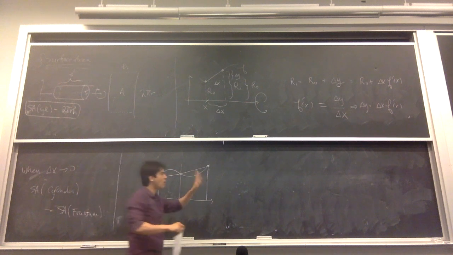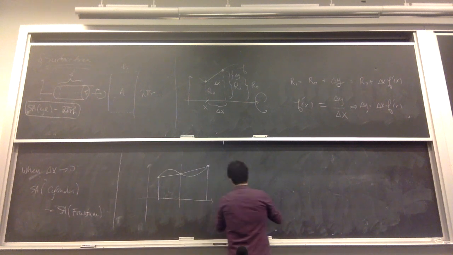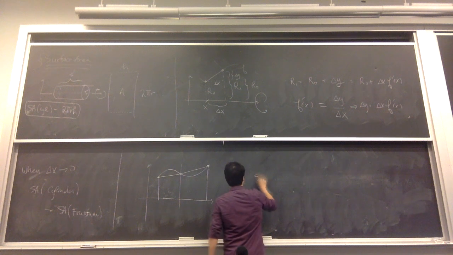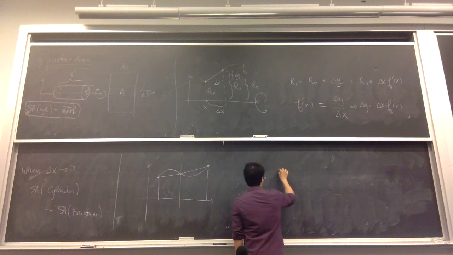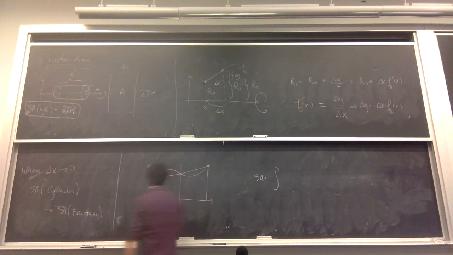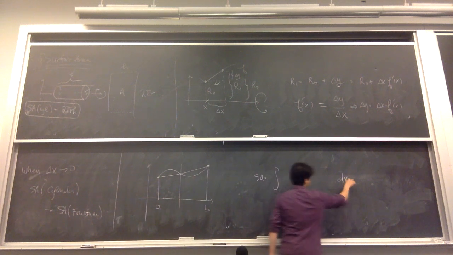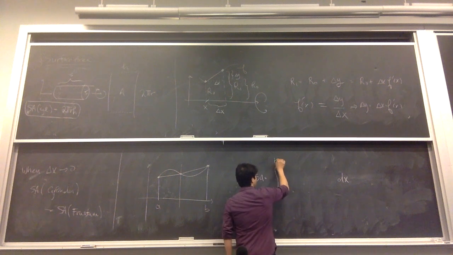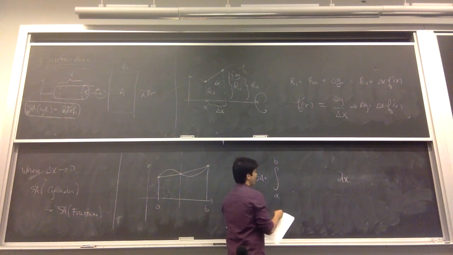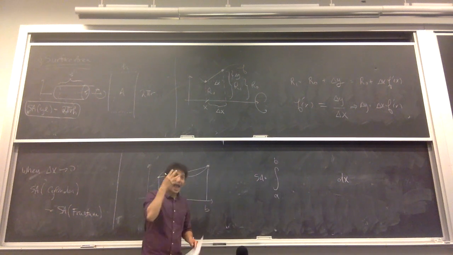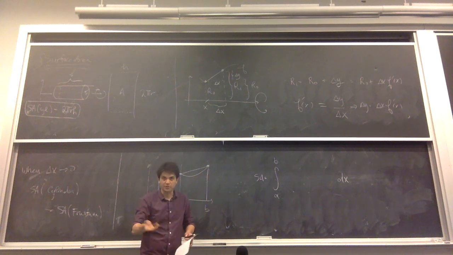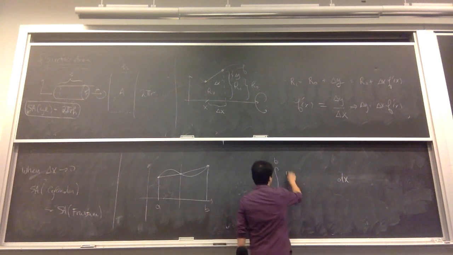So what I have to do now is say, the surface area is going to be equal to, I should have given it a label here. You want to walk along the x-axis from A to B, taking infinitely small steps. And at each step, I want to add the surface area of the frustum. And the surface area of the frustum is given by this.